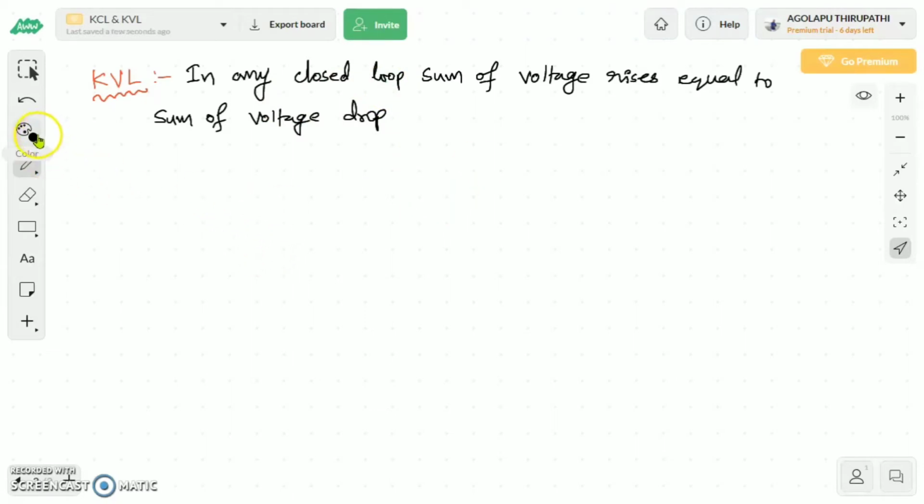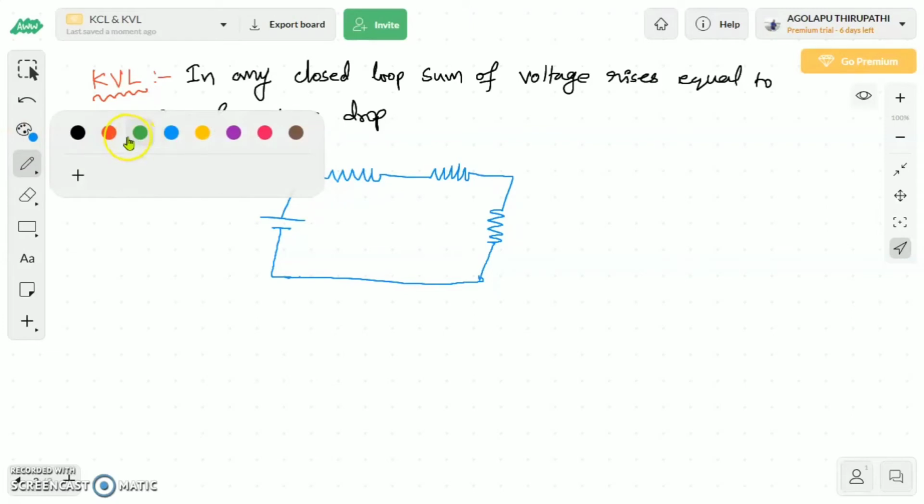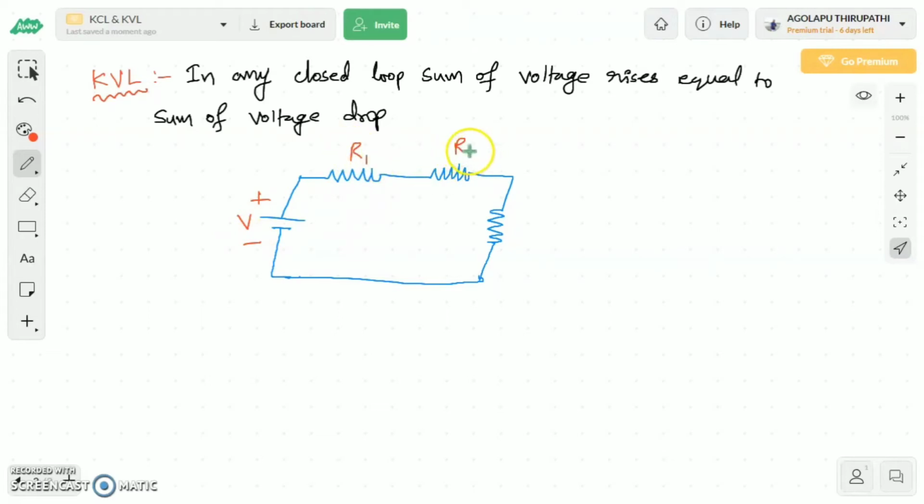So I am taking one simple circuit diagram. Okay, battery voltage I am taking V, and this is the first resistor R1, second resistor R2 and third resistor R3, right?